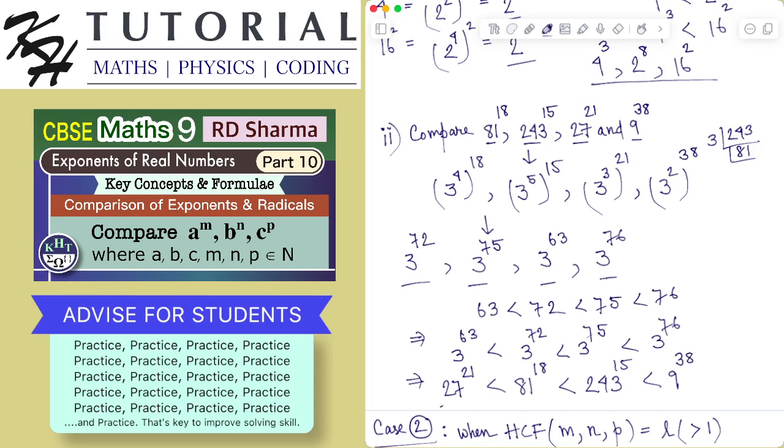So this is the ascending order of the given numbers.